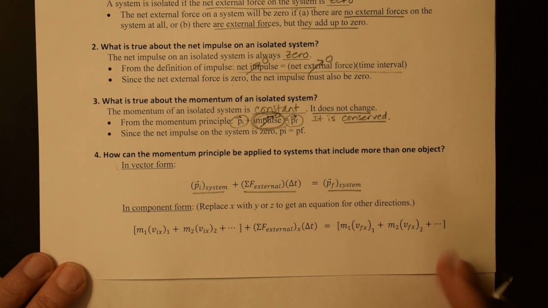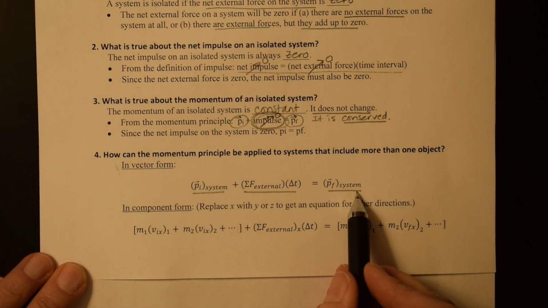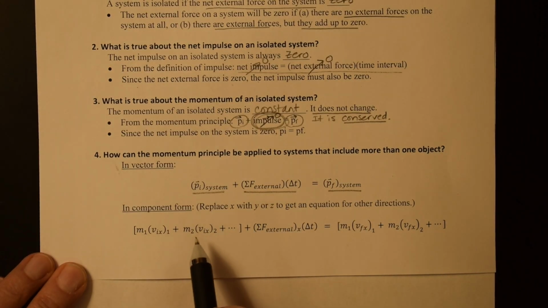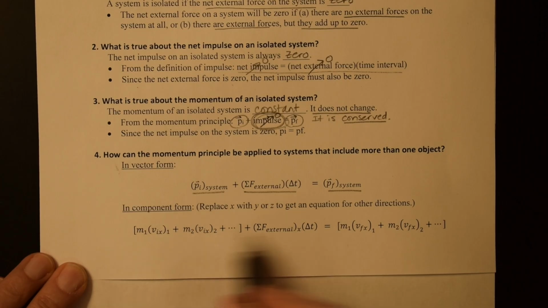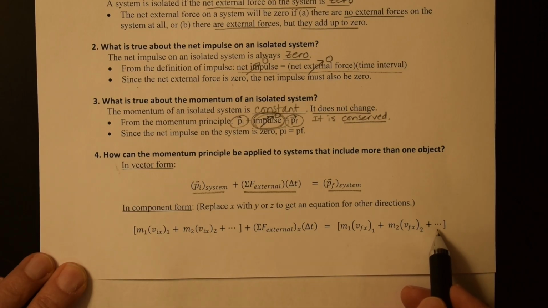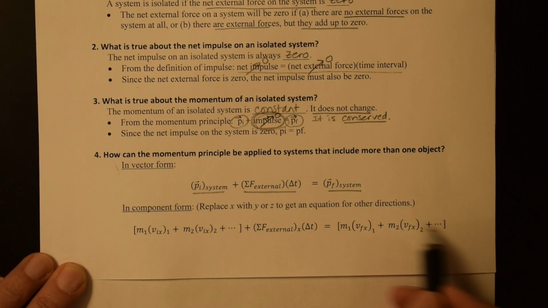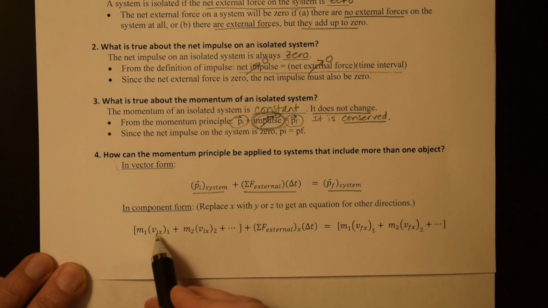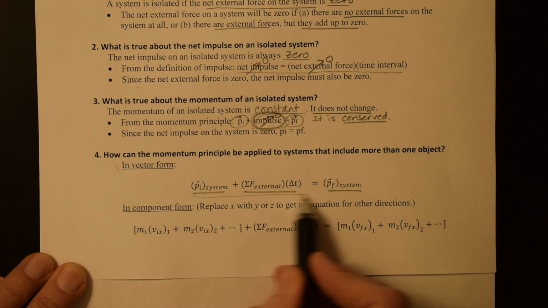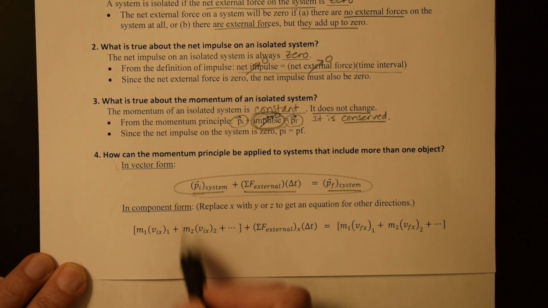And usually we will use this momentum principle in component form. So I've written it here for the x component direction, but you can just replace x with y or z to get an equation for the other ones. But this is not an equation you need to memorize, because as you'll see in a moment, all you really need to know is this overall equation.